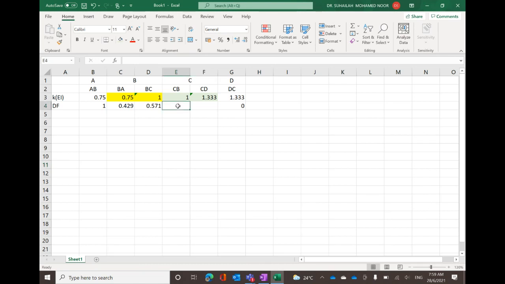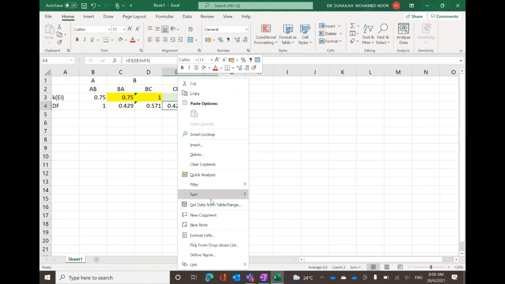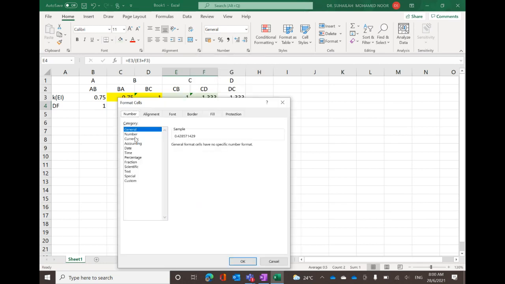So for CB, it is 1 divided by 2.333, and for CD it is 1.333 divided by 2.333. Remember, when we total these two values back, it will equal 1, because the distribution factor at each joint is equivalent to 1, except for a fixed end.